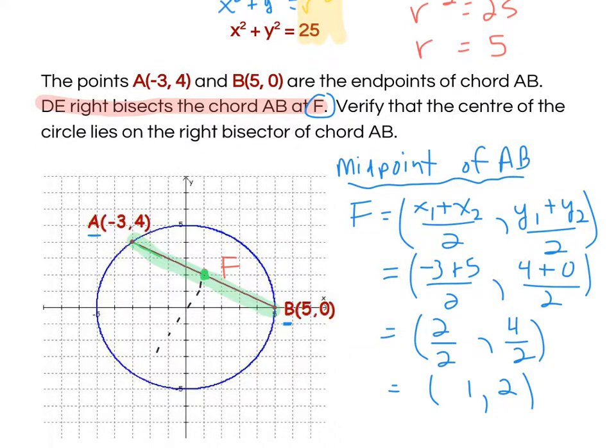If I can figure out the slope of AB, then I can find the negative reciprocal of that value and come up with the slope of my perpendicular bisector, and then an equation of the line for that. All right, so that's my plan next.